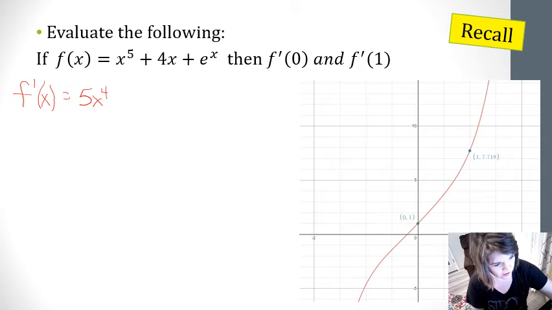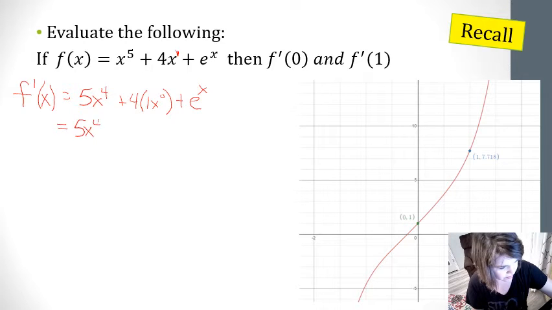Plus, we have 4x, which has x to the first as the power, and the derivative is 1x to the 0. Plus, the derivative of e to the x is e to the x. So this simplifies into 5x to the fourth plus 4 plus e to the x.